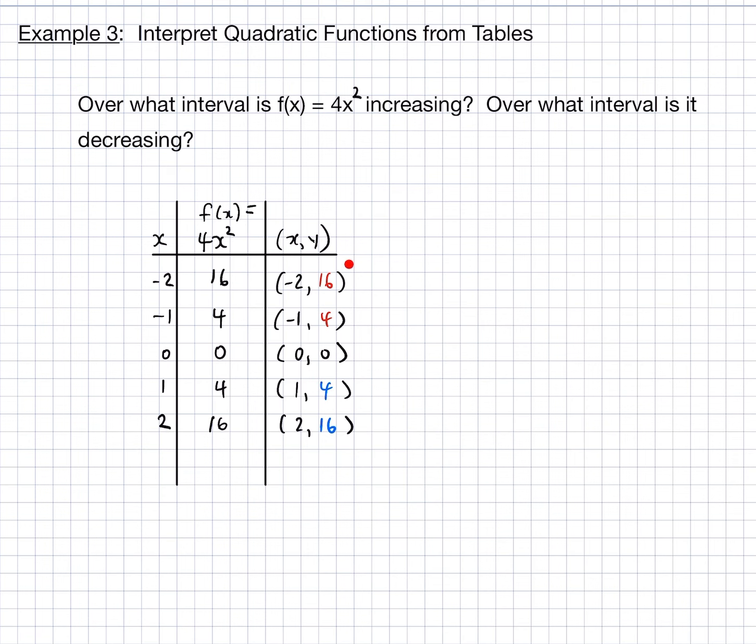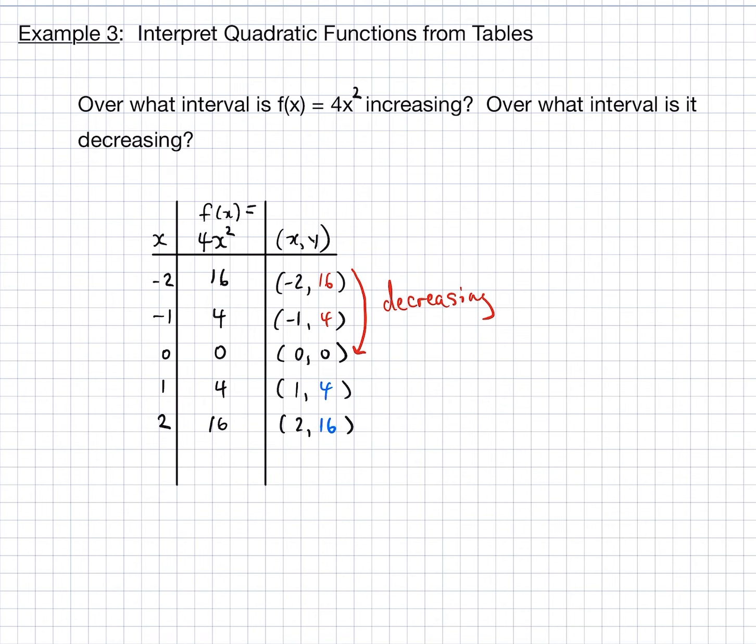Okay, so we're going to move in this direction. As we move in this direction, we see that this y value goes from 16 to 4 to 0. So over this interval, we see that this is decreasing. Over the interval -2 to 0, we see that this is decreasing.